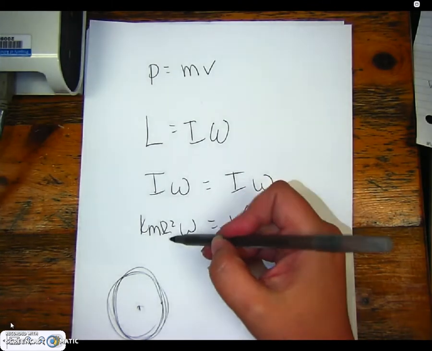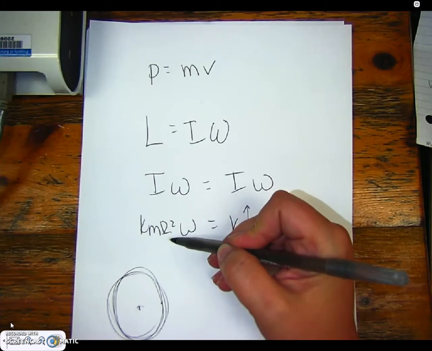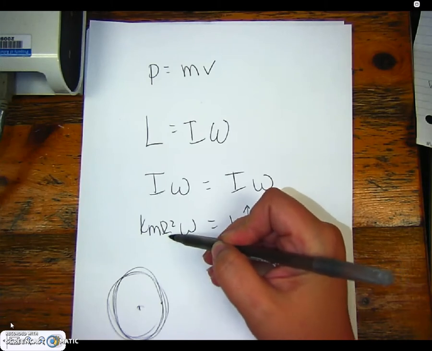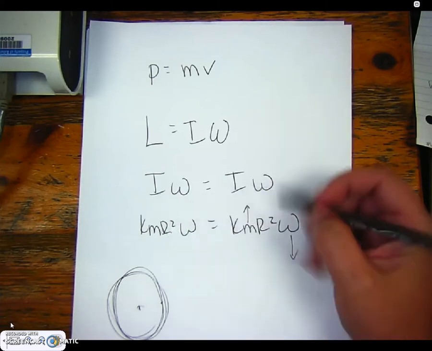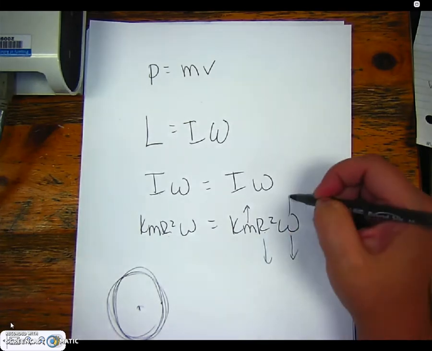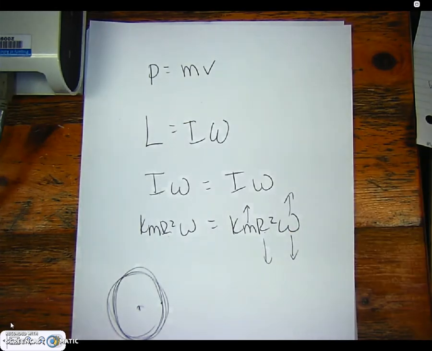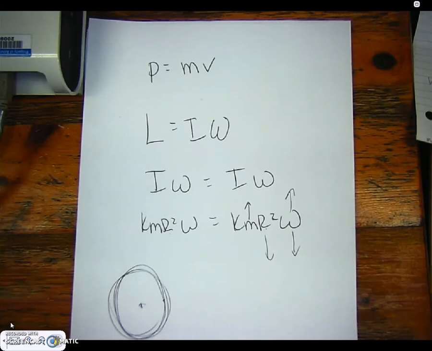If you have a skater spinning in a circle, at first all of their mass is at some large R, and then you make this R a lot smaller, it means they're going to spin a lot faster. Right? So that's rotational motion, walking all the way through forces, equilibrium, acceleration, conservation of energy, and then conservation of momentum.